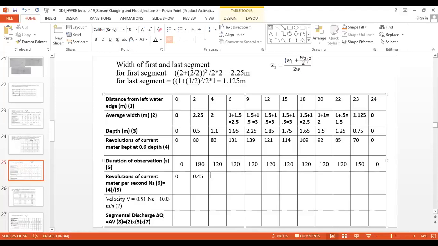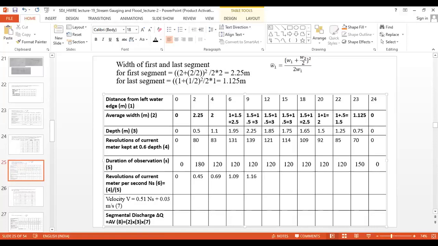Then 83 by 120 is 0.69, so the calculations are side by side. Then 131 upon 120 is 1.09. Then 139 upon 120 is 1.16, because 8 is there, so rounding that it will be 6.